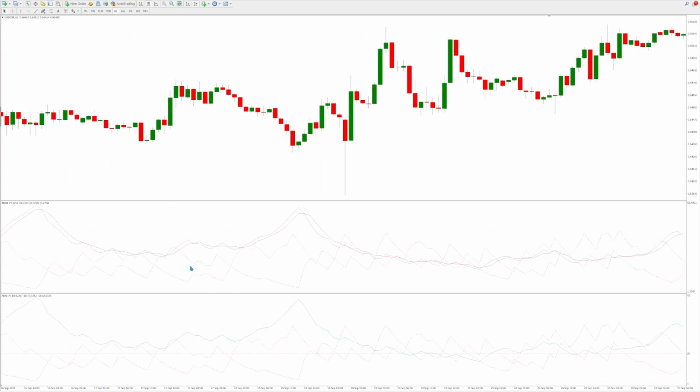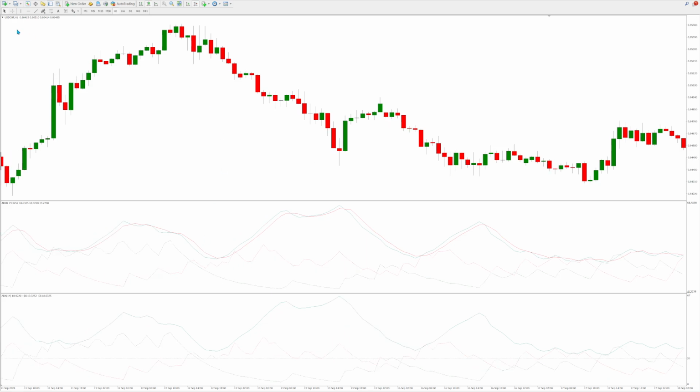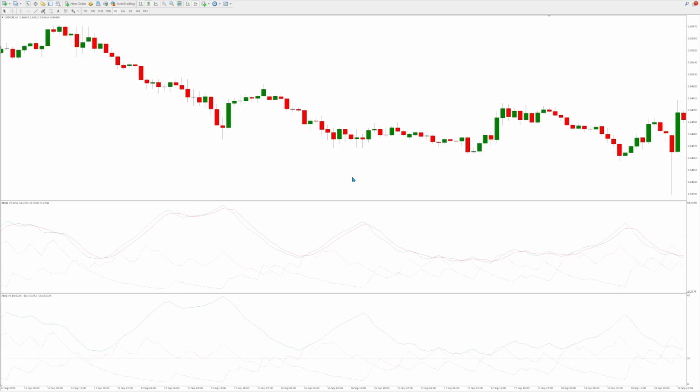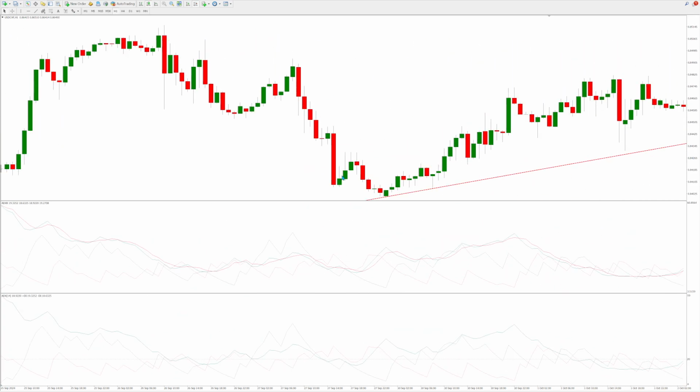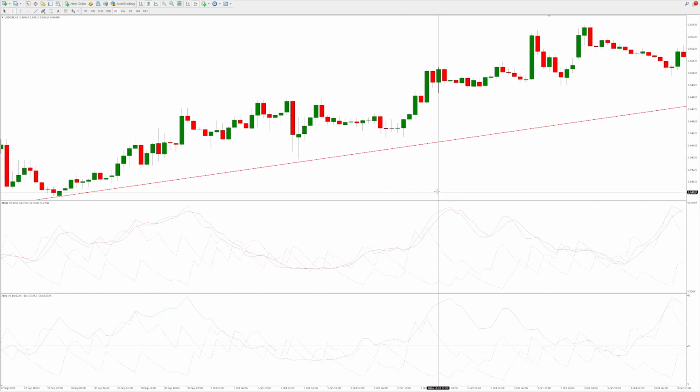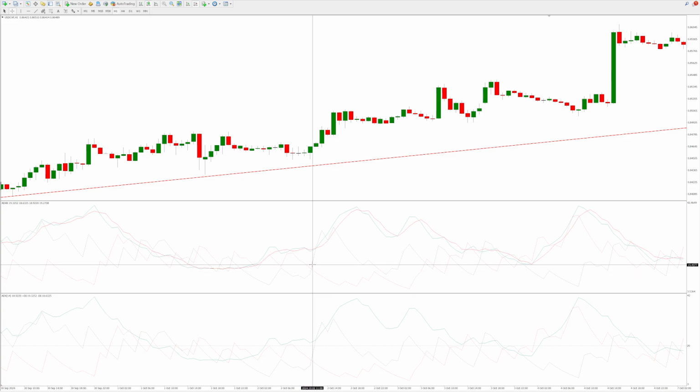You can change these colors if you want, but as an example here, see the red above the green, and you have that downtrend there. If we go back to where we were on this trend, see the green above the red, uptrend. And that's just the basic way to analyze the markets with the ADX.